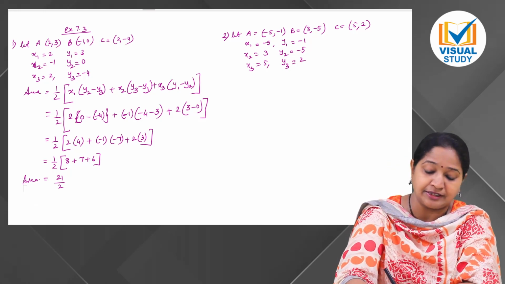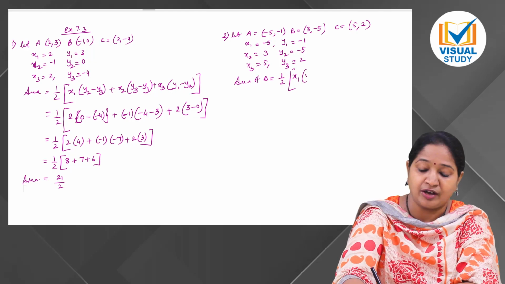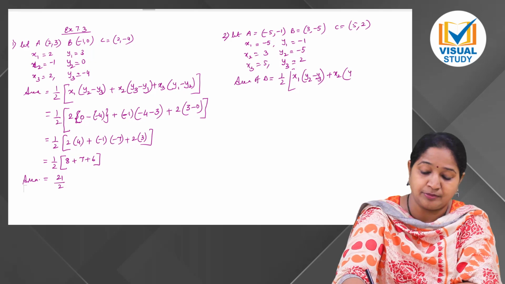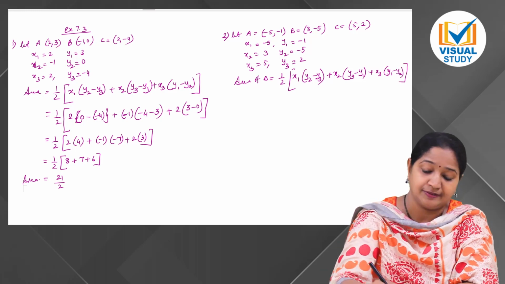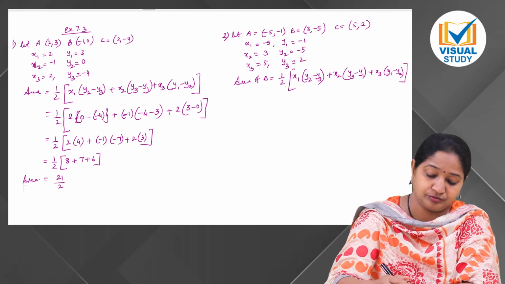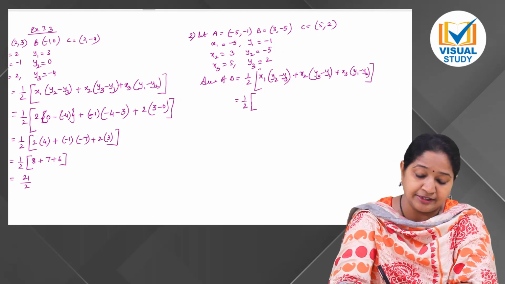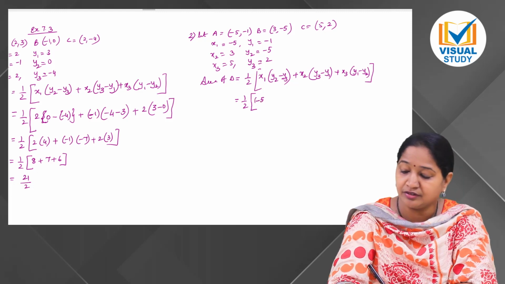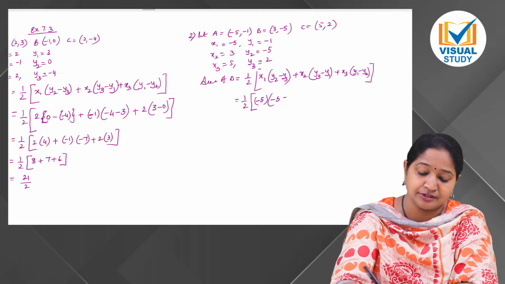Use the formula, that is area of triangle is equal to half x1 into y2 minus y3, plus x2 into y3 minus y1, plus x3 into y1 minus y2. Right? Then half, what is your x1? That is minus 5. What is your y2? Minus 5 and minus 2.